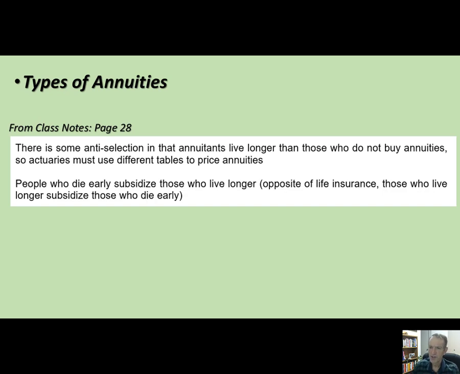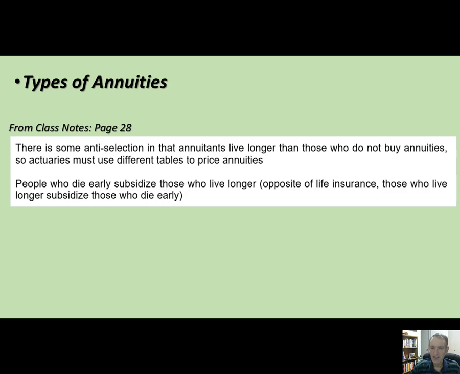We want to make sure you're expected to live at least another 5, 10, 15, 20 years. And so that's the way insurance works. With annuities, people who die early subsidize people who live longer. For life insurance, those who live the longest subsidize those who die early.